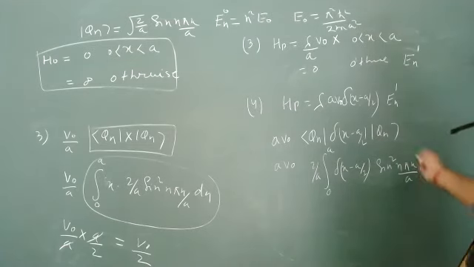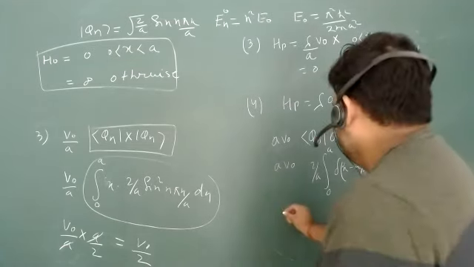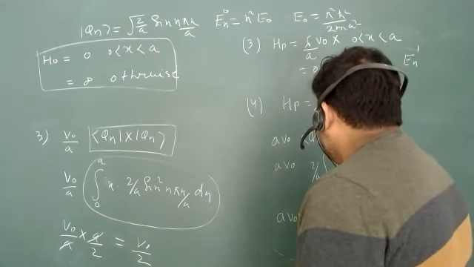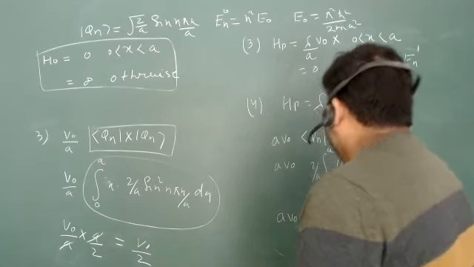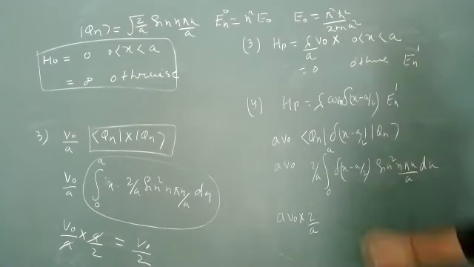What is this integration? क्या होगा? We have a V naught into 2 by a. What is this integration? क्या होगा जरा बताइए? Just tell me. 1. Always 1.